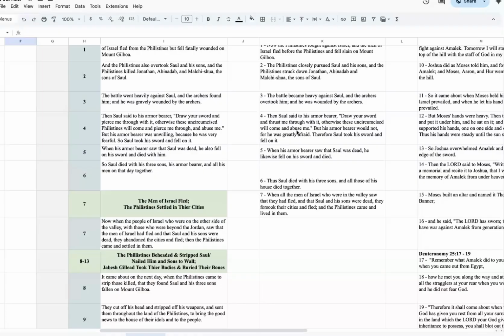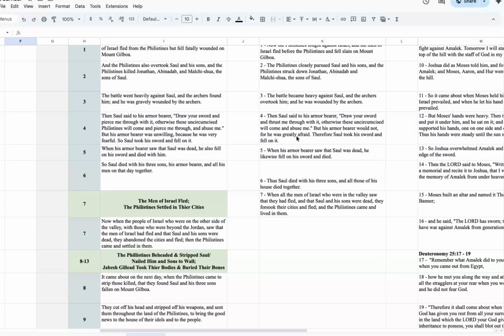Then Saul said to his armor bearer, 'Draw your sword and thrust me through with it, otherwise these uncircumcised will come and abuse me.' And his armor bearer would not, for he was greatly afraid. Therefore Saul took his sword and fell on it. When his armor bearer saw that Saul was dead, he likewise fell on his sword and died. Then Saul died with his 3 sons, and all those of his house died together.